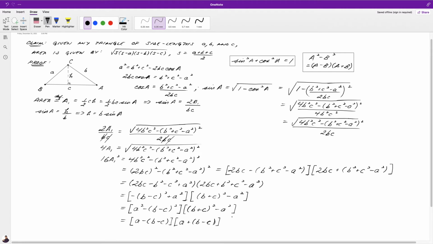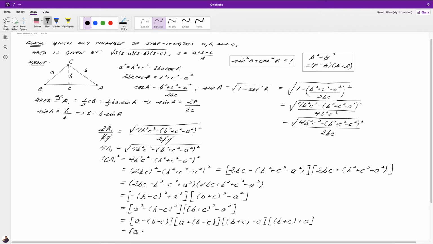This one's a little bit more evident what it becomes. This is just now b plus c all minus a, and b plus c all plus a. All right, and we're very close indeed to being done with this. I can now think about this, of course, as a plus c minus b.